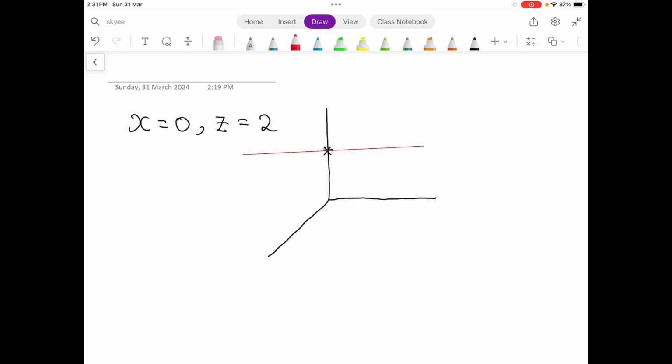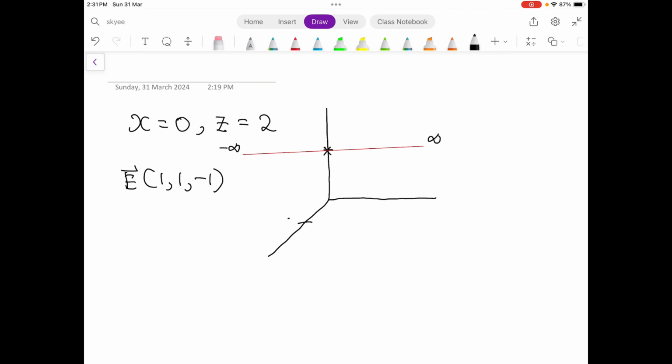The length is infinite, meaning it goes from negative infinity to positive infinity, and you have to find the electric field at the position (1, 1, -1).